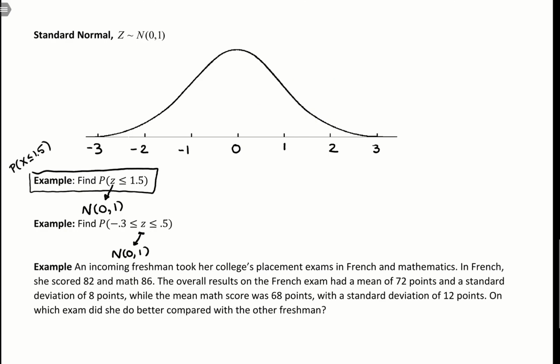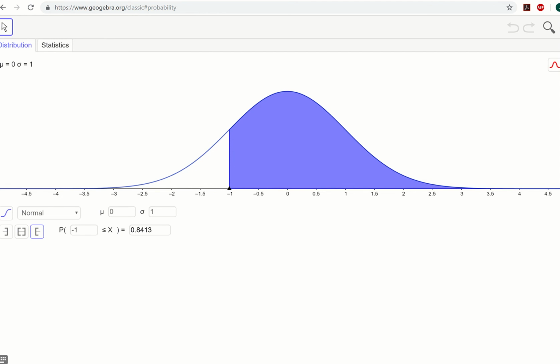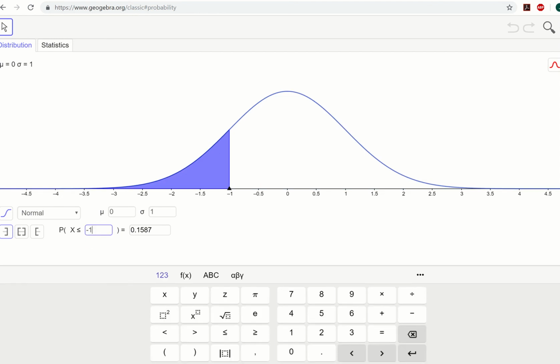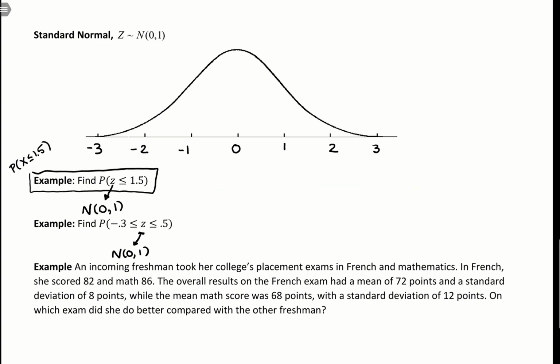So this is going to go to our left-hand side, and a positive 1.5. And that's going to be 0.9332. So here, with mean of 0, standard deviation 1, there's our standard normal curve. Even though GeoGebra is still going to show x there, it is technically z given that mean and standard deviation. So 0.9332.